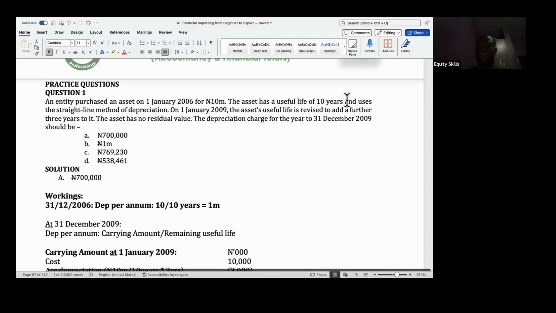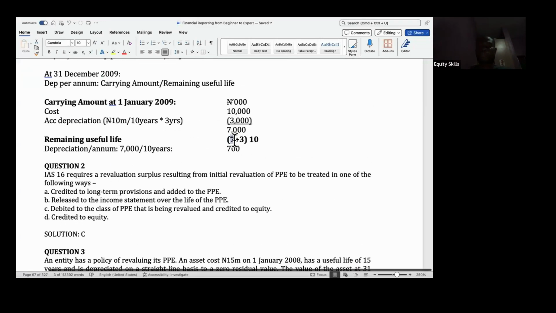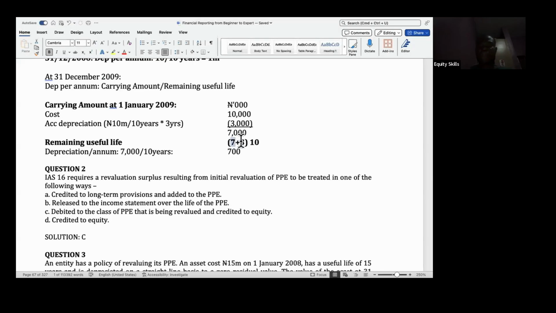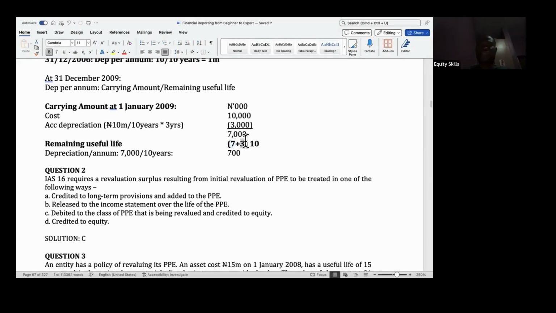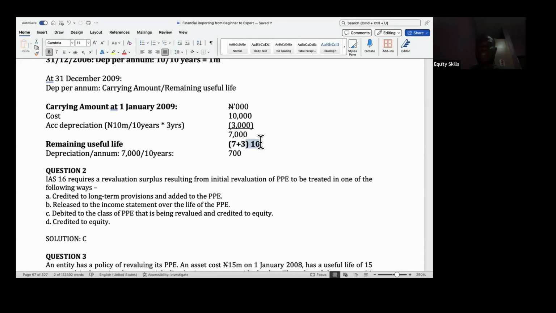But in the question, they told us that as at this date, 1st of January 2009, they added a further 3 years to the asset. So that would be 7 years, which was remaining at 2009, plus the additional 3 years they added in 2009. Then the remaining useful life is back to 10 years.